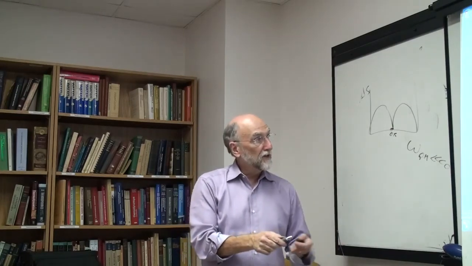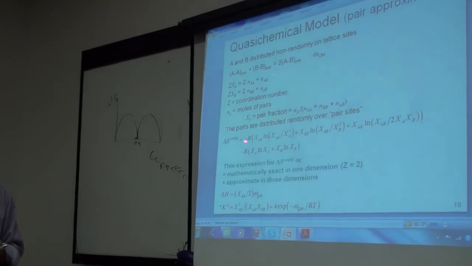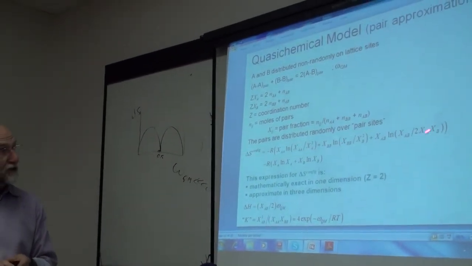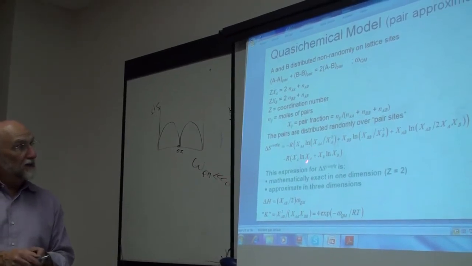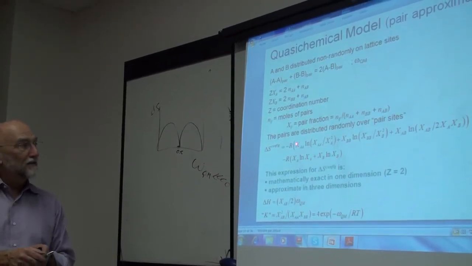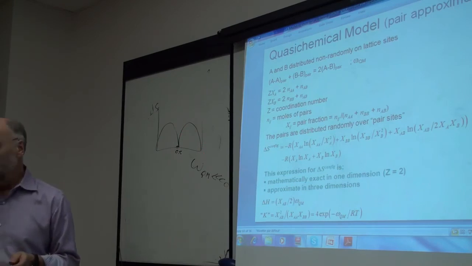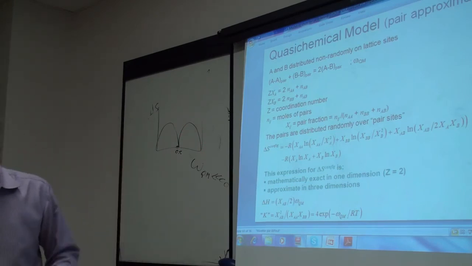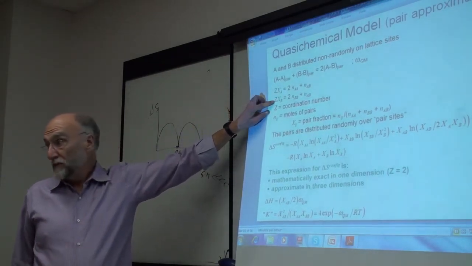So I put Z as 2 in here and substituted in the values, and I showed that in this expression, when you choose Z as 2, and omega is very, very negative, when xA equals xB equals 1/2, the entropy goes to 0. You substitute in and you get that expression. Okay, and that was for the case where there was a constant Z. ZA and ZB were the same.